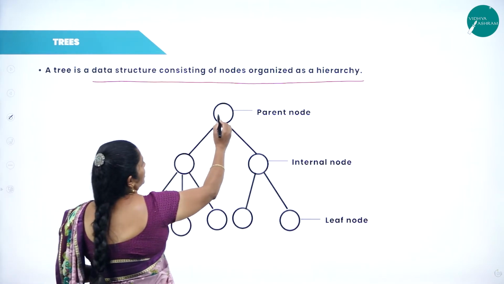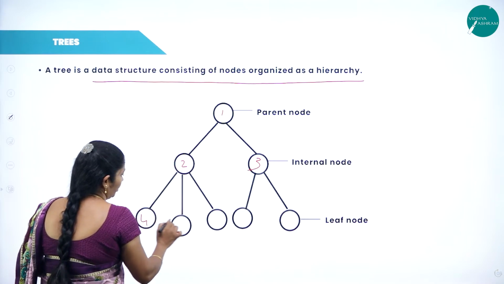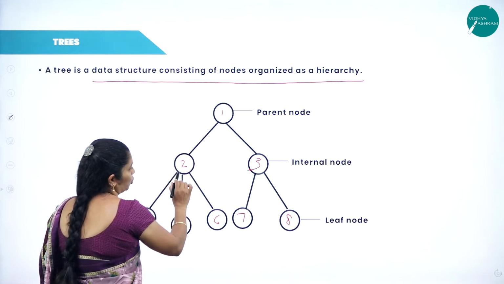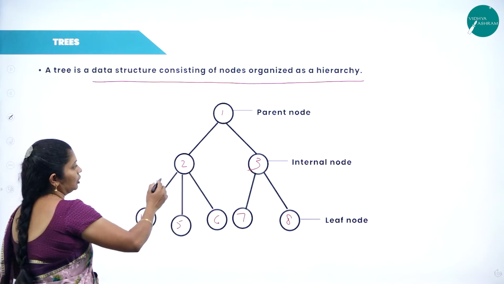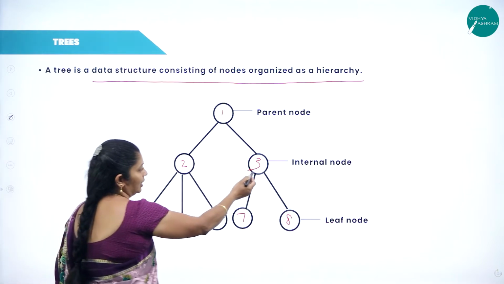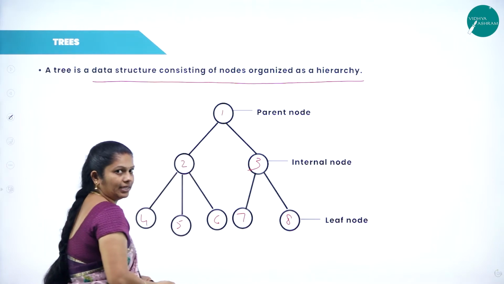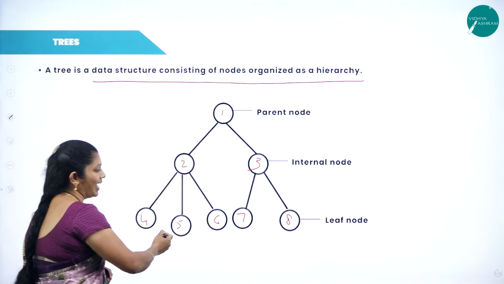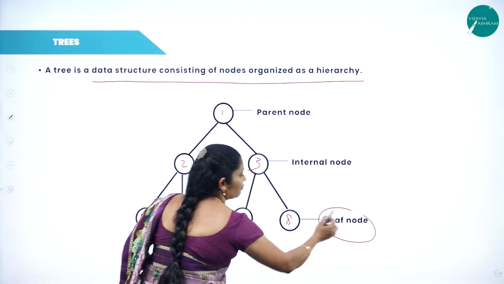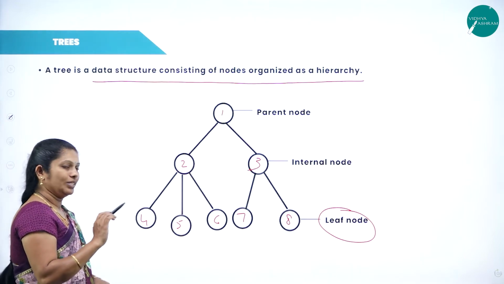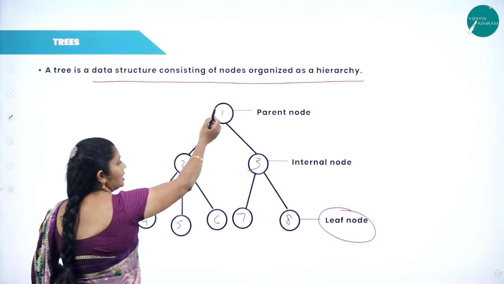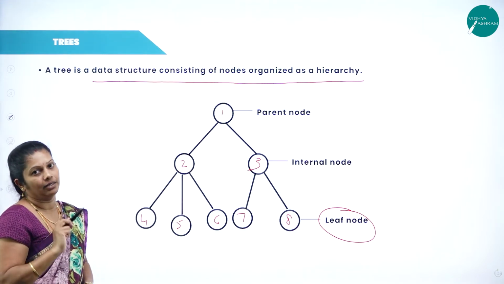For example, here we have nodes 1, 2, 3, 4, 5, 6, 7, 8. For node 1, the children are node 2 and node 3. For node 2, the children are 4, 5 and 6. For node 3, the children are 7 and 8. The nodes which do not have any children are called leaf nodes. The starting node, the root, is called the parent node.